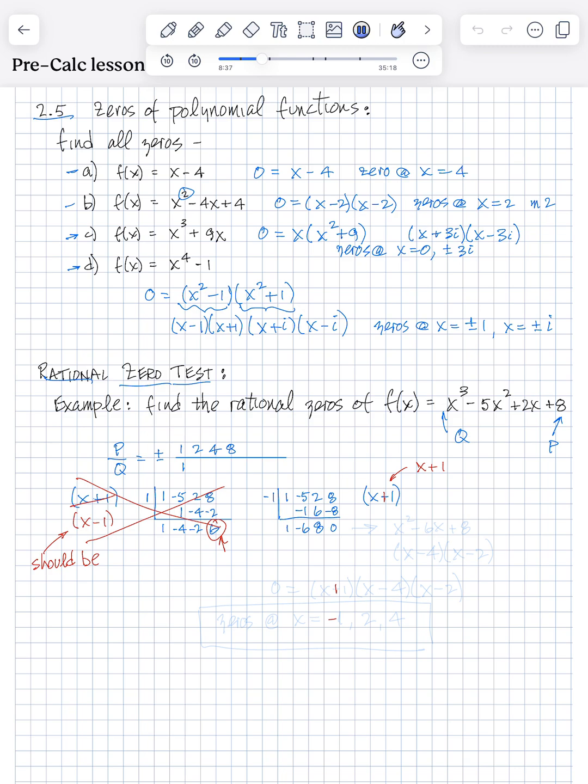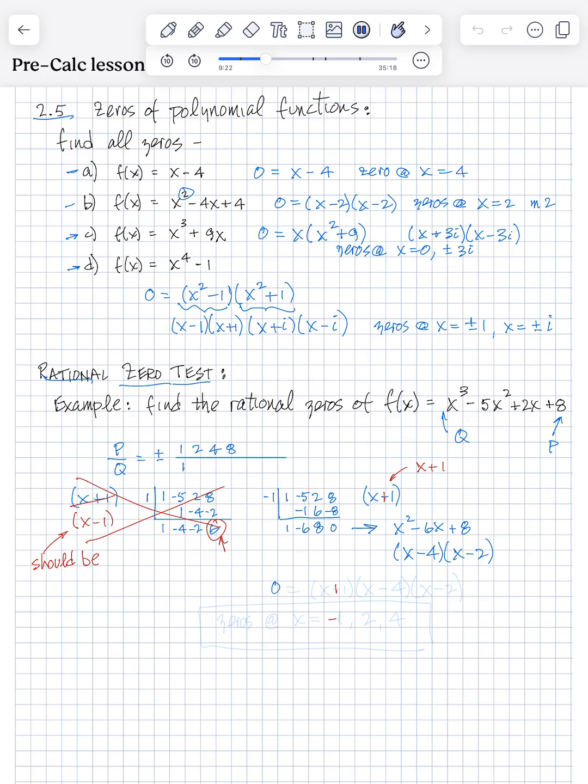And what we have left from the bottom here, since we started out at x cubed, is going to be x squared minus 6x plus 8. And this we can factor as x minus 4 times x minus 2. And so the three factors, we set it equal to 0.